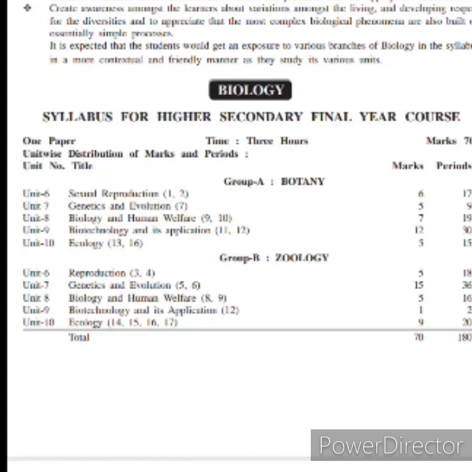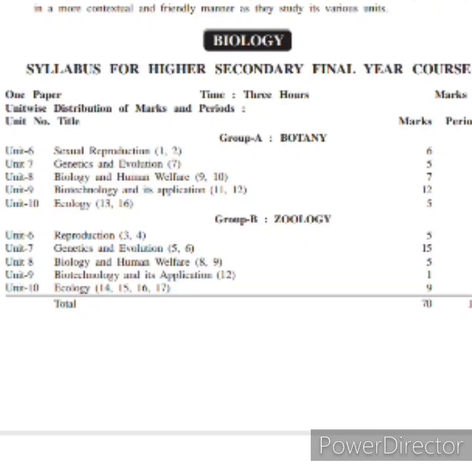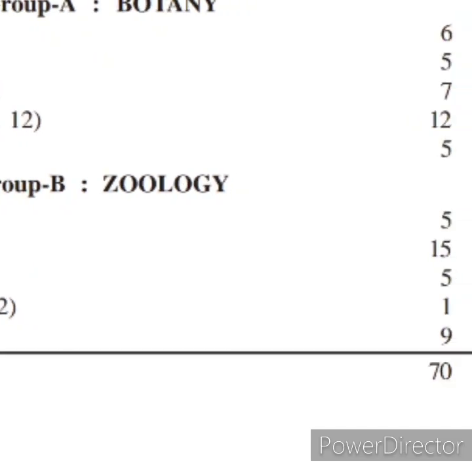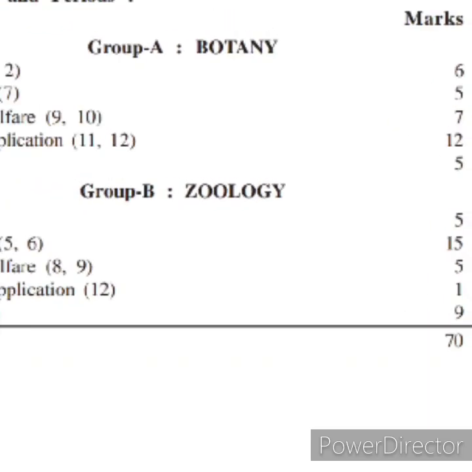When you see the ecology part, there are 2 chapters in botany, and chapters 14, 15, 16 and 17, a total of 4 chapters, in zoology. Now see the marks distribution of each unit.